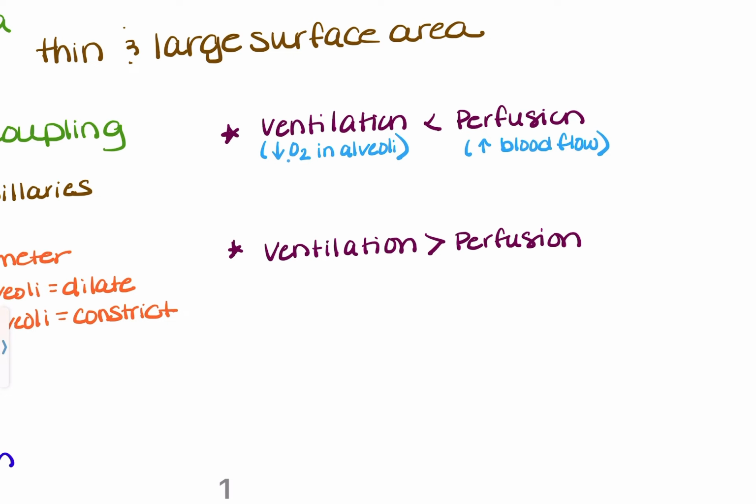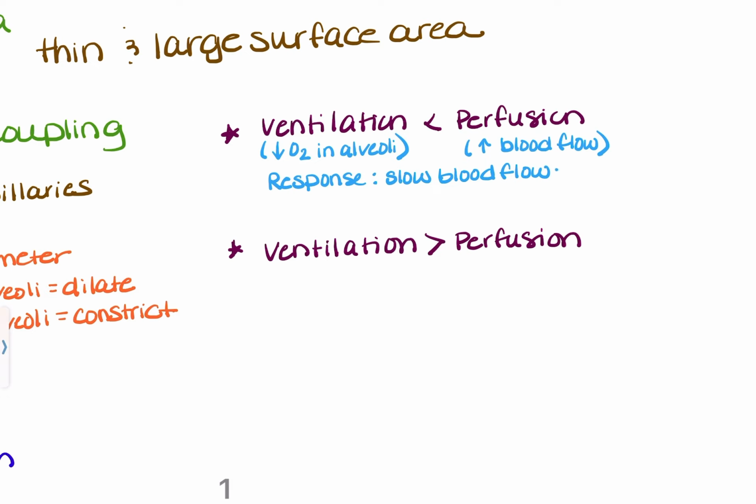So in this case, if we have low oxygen in our alveoli and our blood is flowing faster than it should be compared to how much oxygen we have, as the blood's flowing by, it's not going to be able to pick up enough oxygen because we have a low amount in the alveoli. So we want to slow our blood flow. Our response to low oxygen in our alveoli would be to slow our blood flow because we have a small amount of oxygen available for it to pick up.